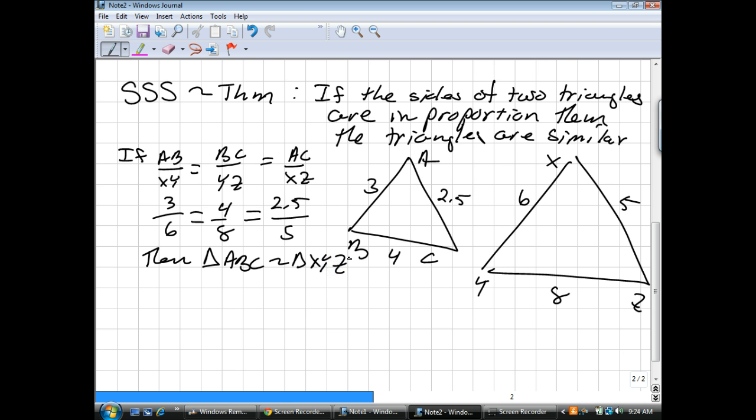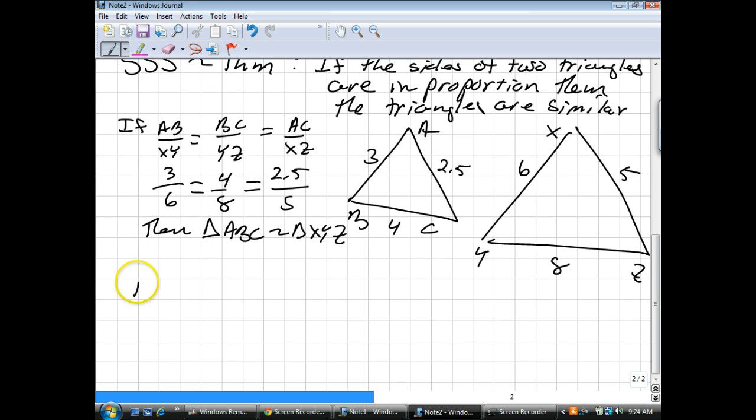Okay, so let's look at some examples here. Example: are triangle PQR and triangle TSP similar?